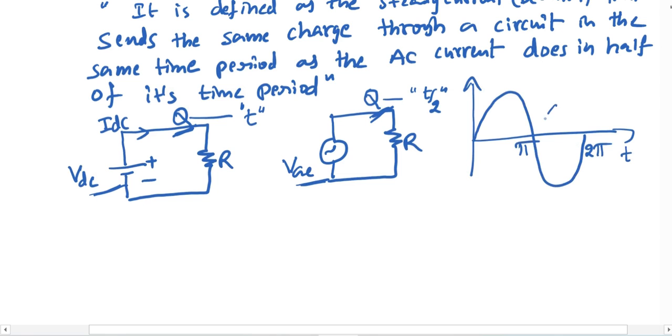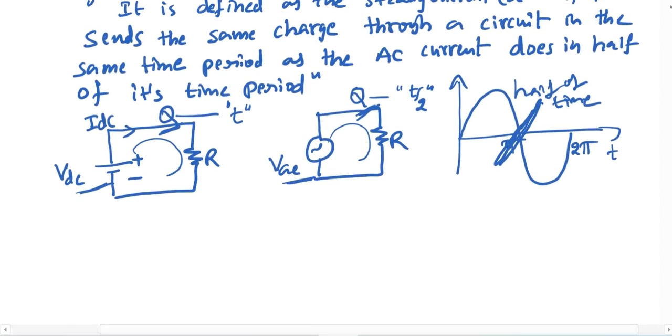In half of the wave, or half of the time, it is going to complete the work done. So it will take t time to send these charges in the DC case, but t by 2, half of that time, to send these charges through this network. So this is the understanding of this statement with diagrams.